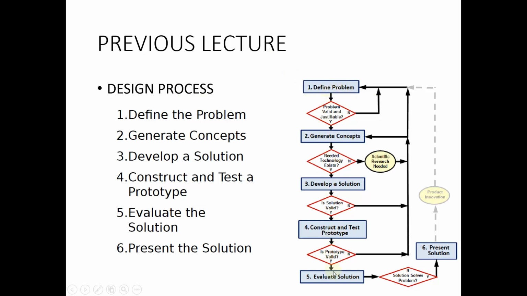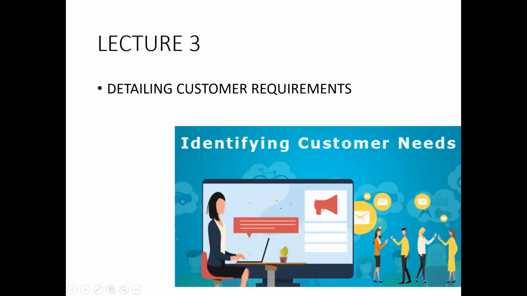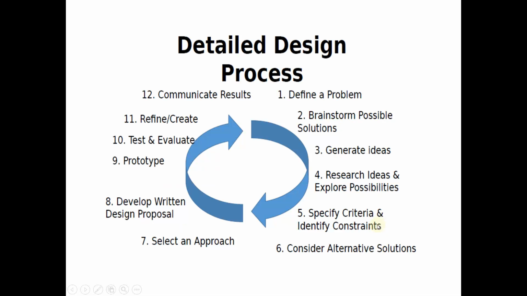So you see that there are 6 basic steps which can again be expanded into the 12 steps, which is known as the detailed design process. We are mentioning each of the finite or the smallest steps in detail. That is why it is mentioned as 12 steps, the detailed design process.